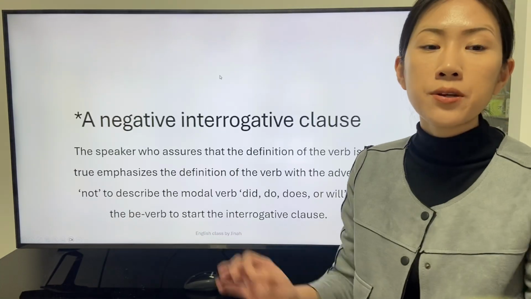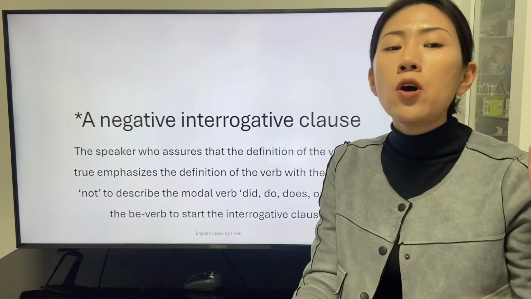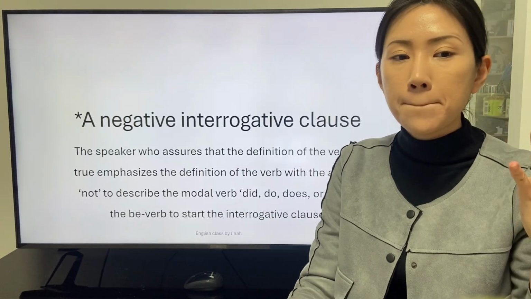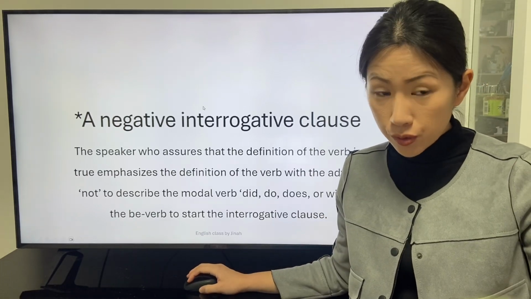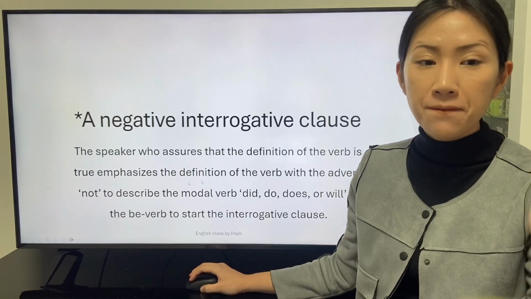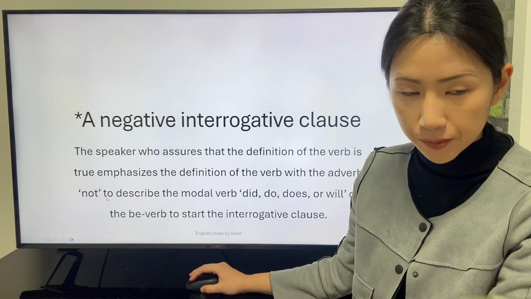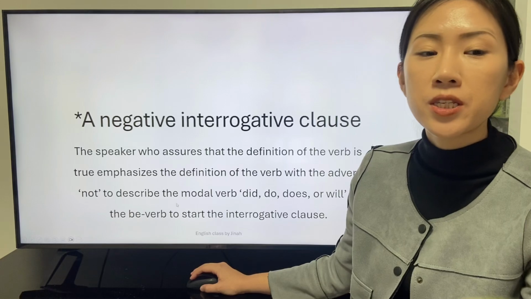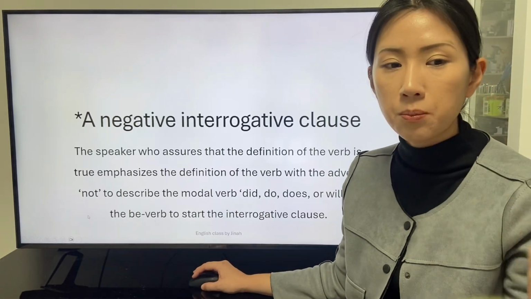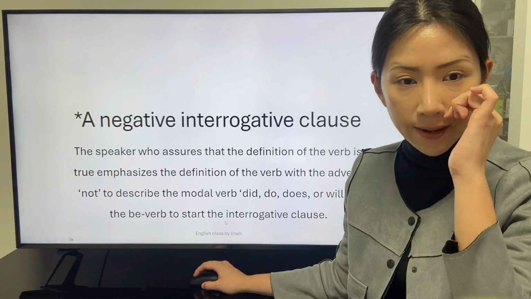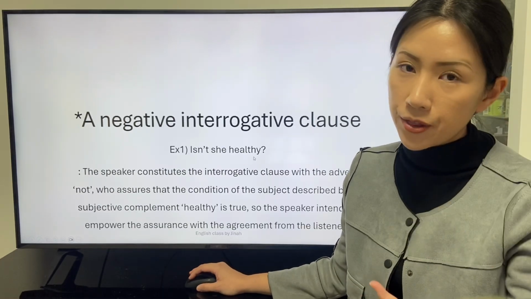A negative interrogative clause. The speaker who assures that the definition of the verb is true emphasizes the definition of the verb with the adverb not to describe the modal verb did, do, does, or will, or the be-verb to start the interrogative clause. There is a clause, isn't she healthy?